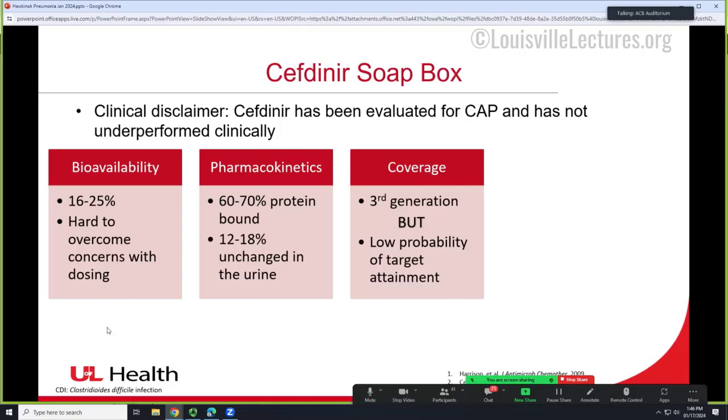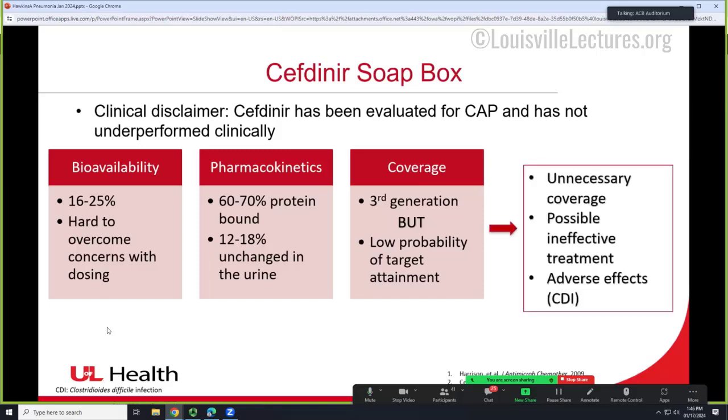They did it for a variety of types of antimicrobials, but the important ones are amoxicillin and amoxiclav. What they found was the probability of target attainment for Ceftonir for those two organisms was about half that of amoxicillin and amoxiclav. So sure, it might be a great third generation antimicrobial that has this wonderful spectrum of activity, but it ain't treating what you think it's treating.